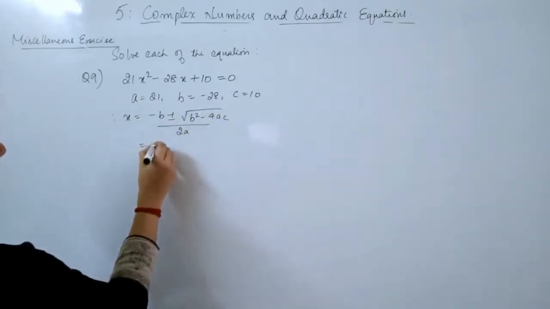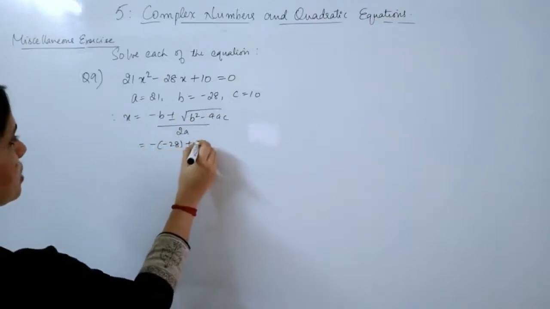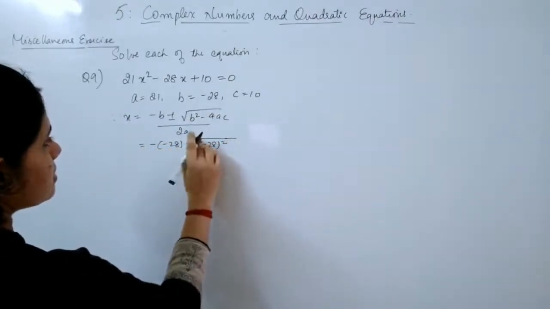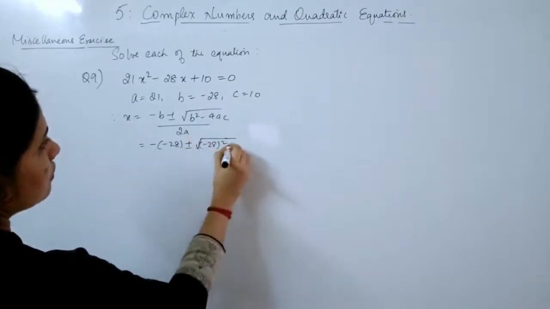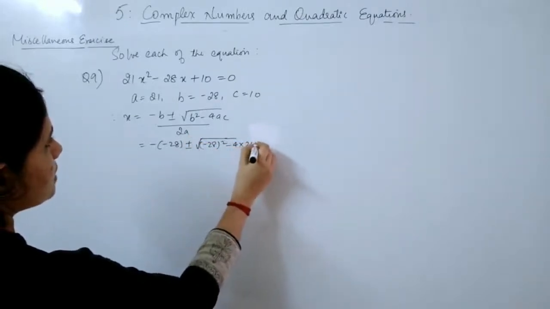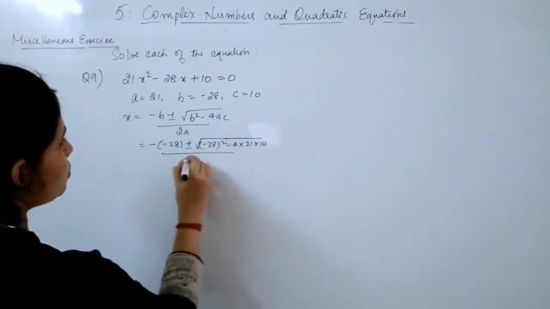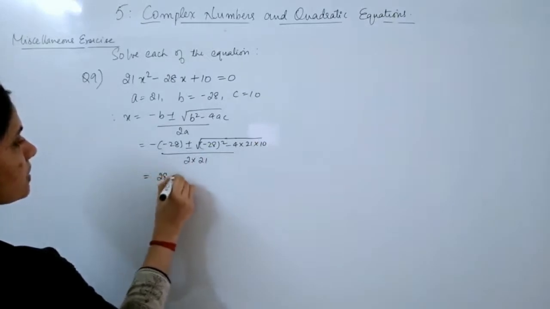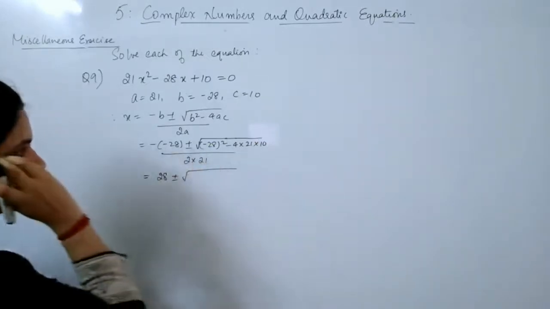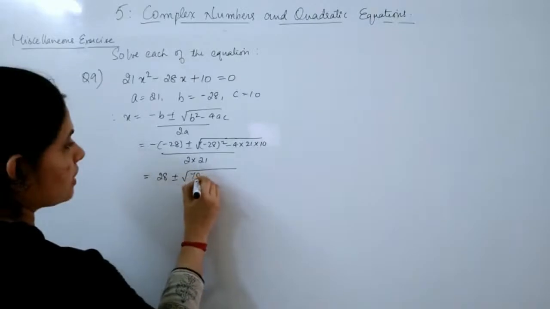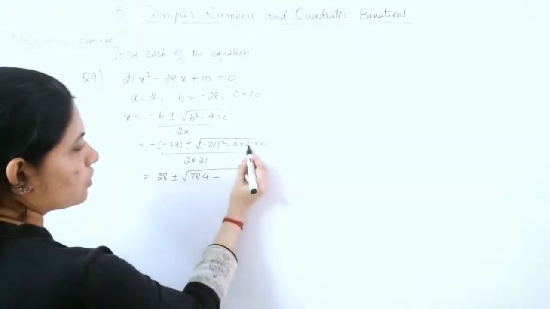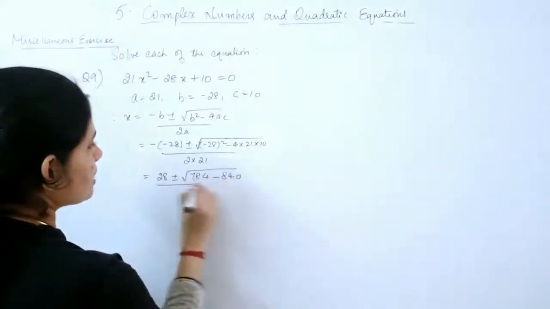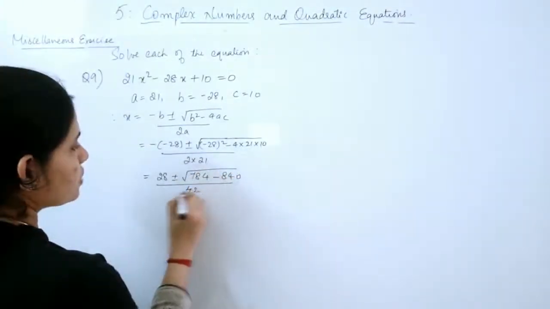Replacing the values, you will get minus of minus 28 plus or minus root of minus 28 the whole square minus 4a21c10 divided by 2 into 21. This will give you positive 28 plus or minus root of, what is the square of 28? 784 minus 4 into 21 will give you 84, 840 divided by, here you will get 42.